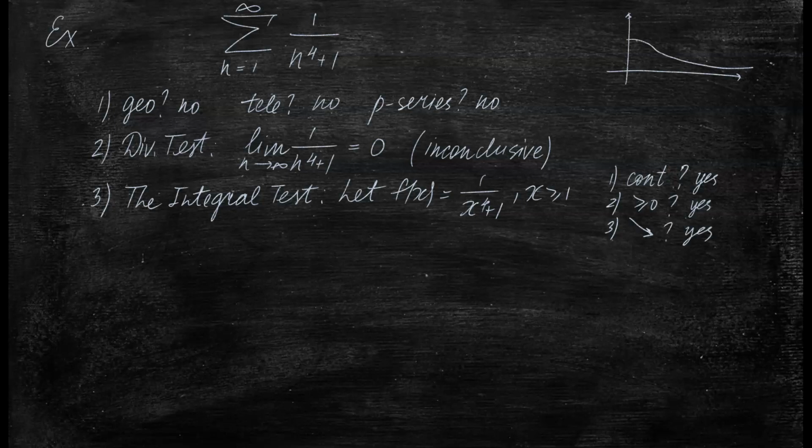So according to the integral test, we can conclude that this series behaves exactly the same way as this integral, which, you may think it's good news, but what is the problem with this particular integral?